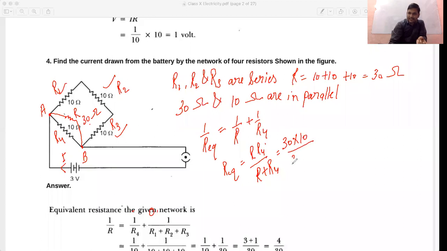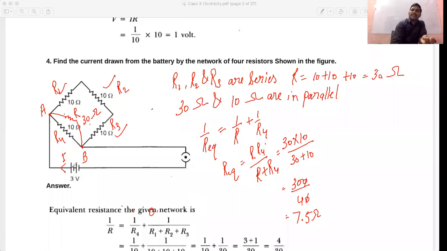It will be 300 over 40, which is 7.5. So the equivalent resistance will be 7.5 ohm.